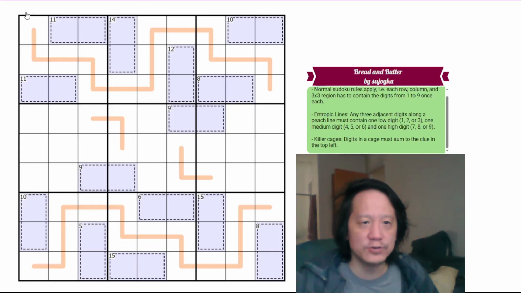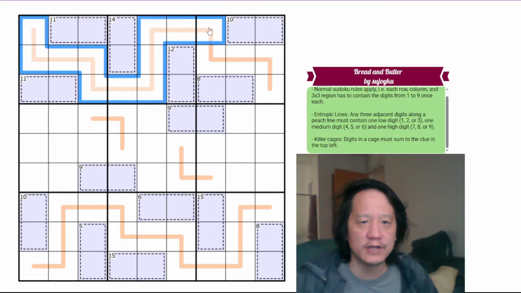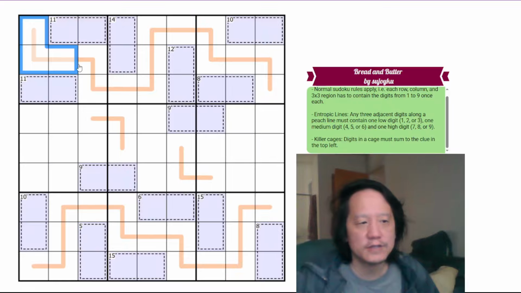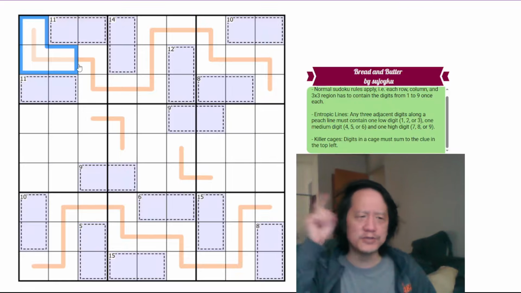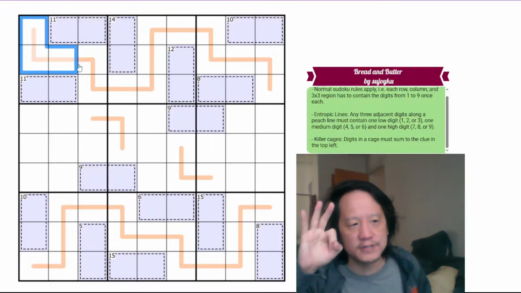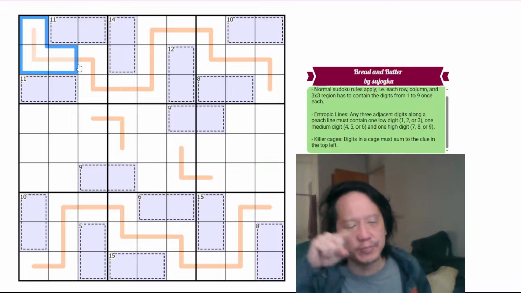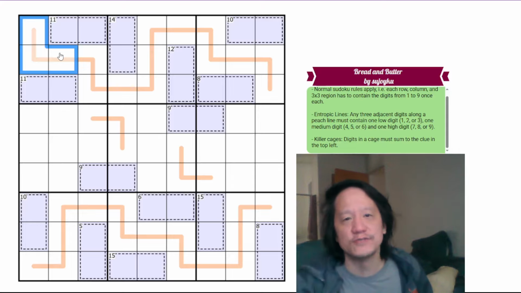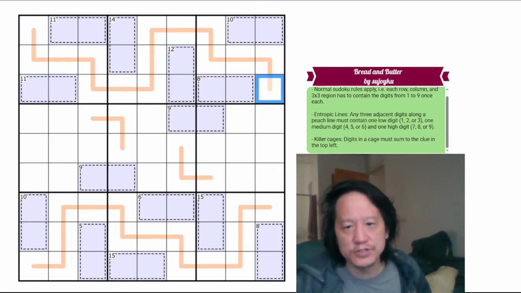Okay, so what I like doing for entropic lines is start by coloring the sets. This works for any line which has essentially three distinct sets and repeats, with the criteria of 3 adjacent digits having to be from different sets. So we're going to start with blue, orange, and pink here.